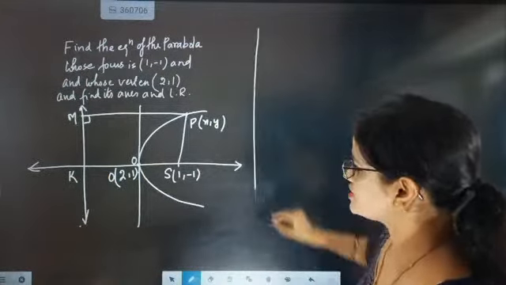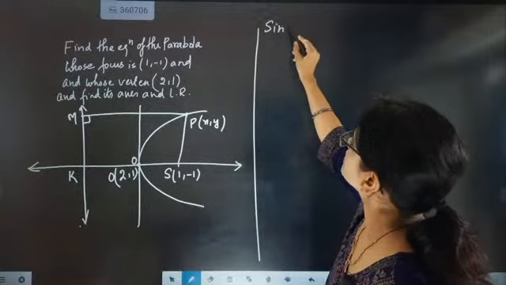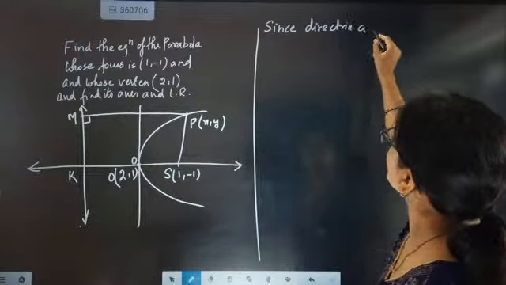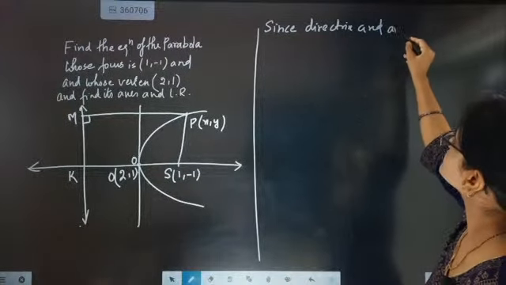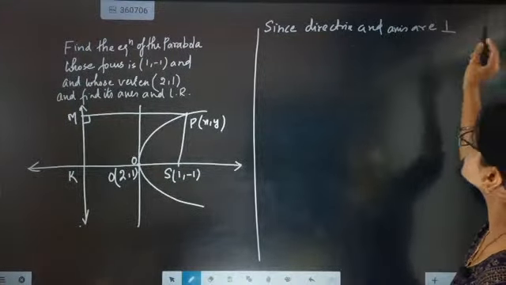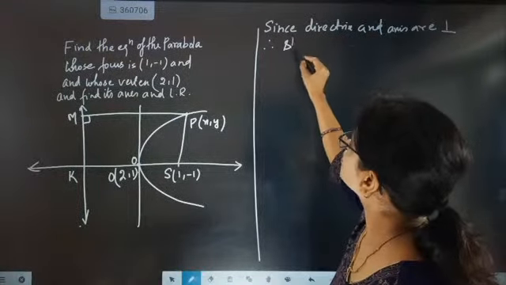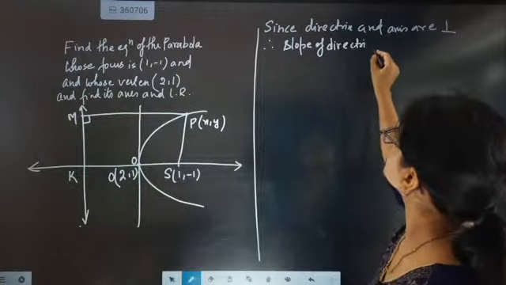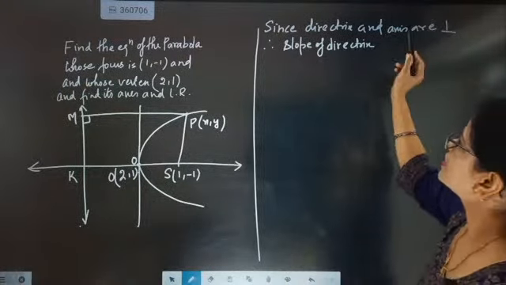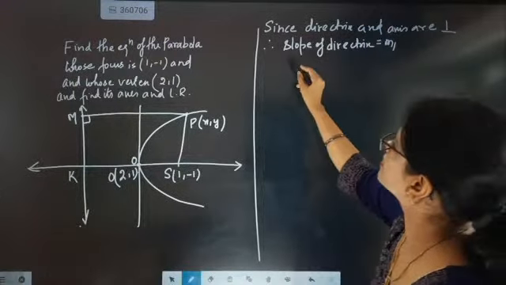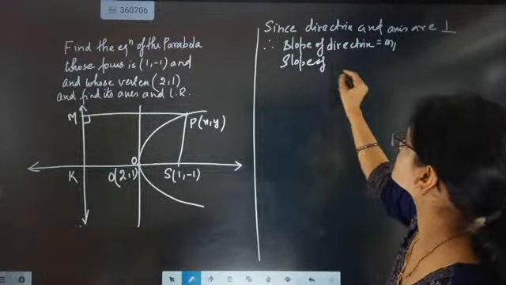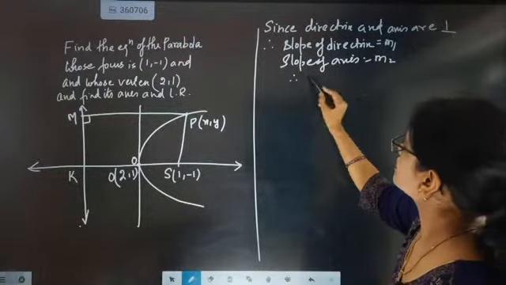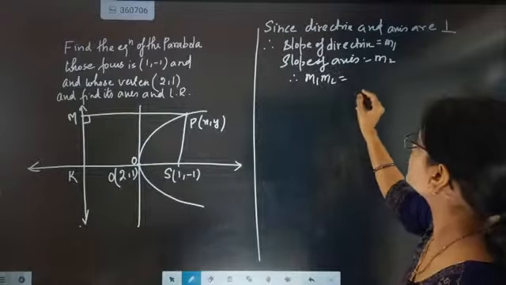So we write: since the directrix and axis are perpendicular, therefore the slope of the directrix is m1, the slope of the axis is m2, and m1 times m2 will be equal to -1.